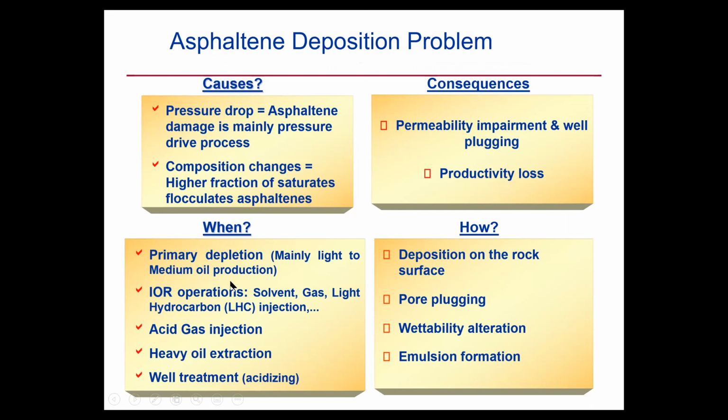Causes include primary depletion, enhanced oil recovery, acid injection, heavy oil extraction, and well treatment, acidizing. It will result in deposition on the rock surface, pore plugging, wettability alteration, and emulsion formation, because they are like soap, surface acting material.